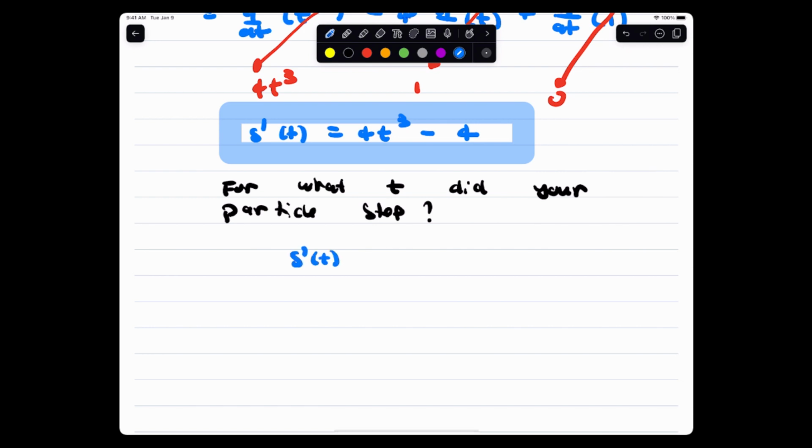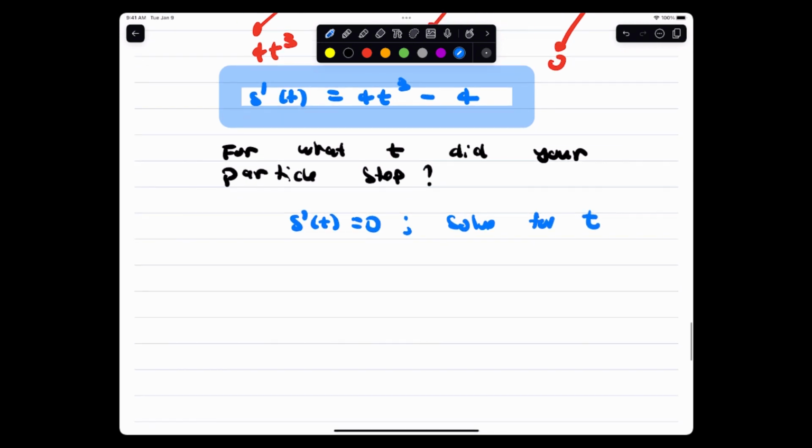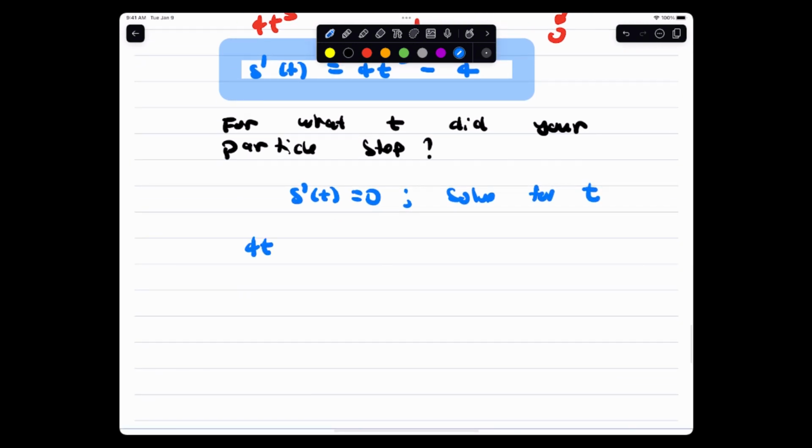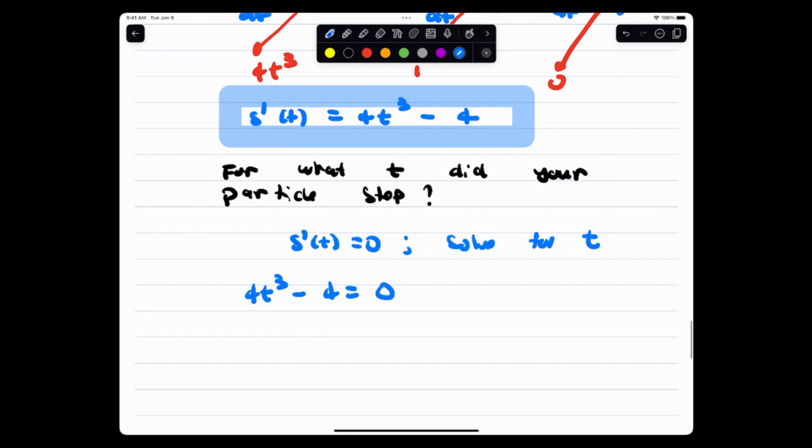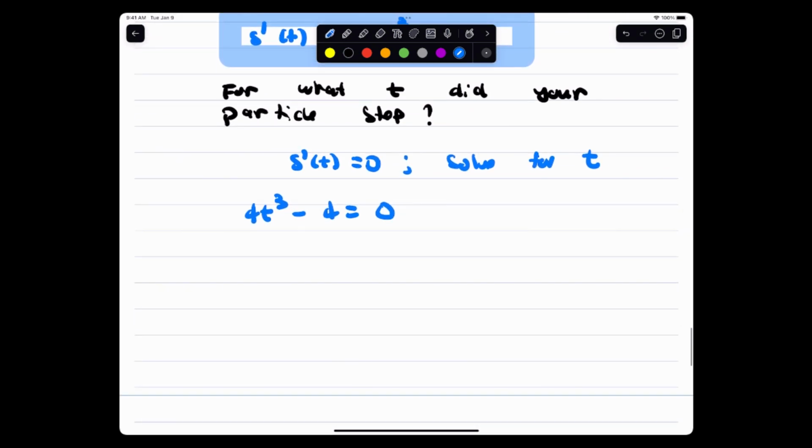Well, you set that derivative equal to 0, and you solve for what? For t. 4t cubed minus 4 equals what? Equals 0. So what do you guys think you're going to have to do with this now?